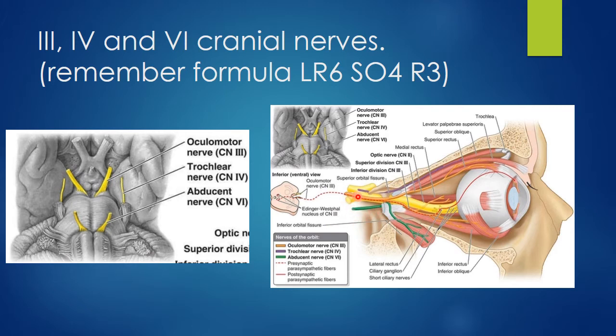This one is the oculomotor nerve, its upper and lower divisions. The upper division supplies two muscles while its lower division supplies three muscles. This one is the nasociliary ganglion. This is the lateral rectus muscle, which is supplied by the abducent nerve. And this one in purple color is the trochlear nerve, which supplies only one muscle, that is the superior oblique muscle.